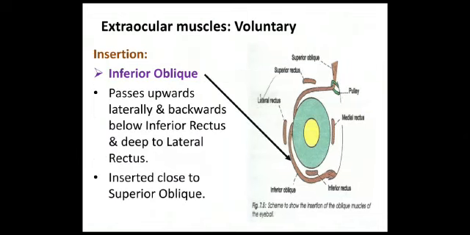So the inferior oblique muscle, it passes laterally, backwards, below the inferior rectus and deep to the lateral rectus. It is inserted close to the superior oblique.